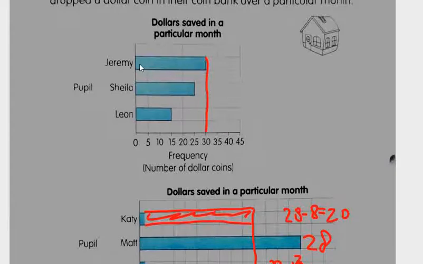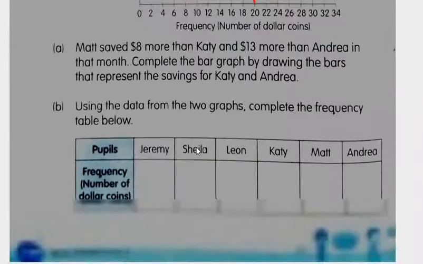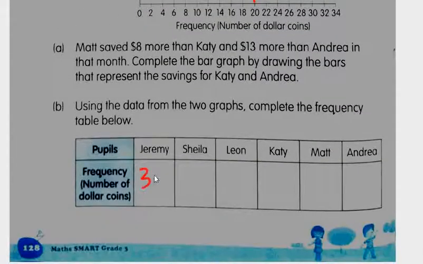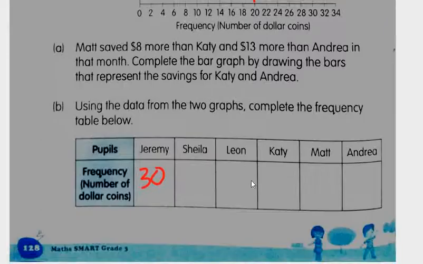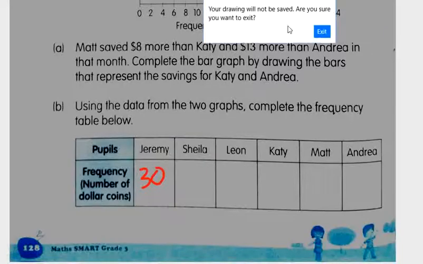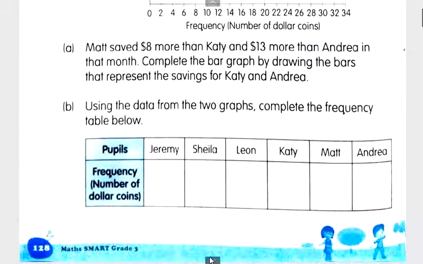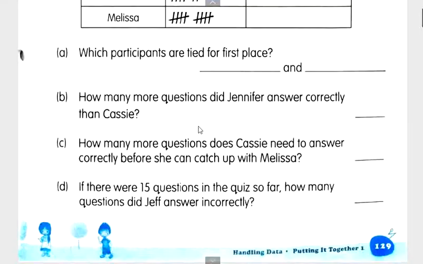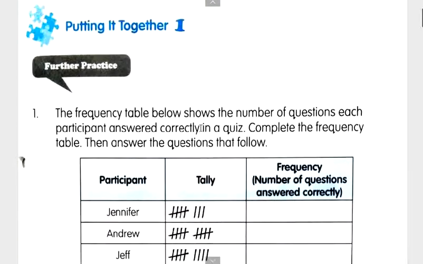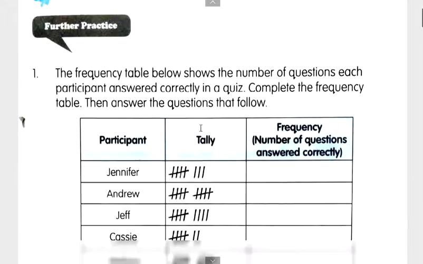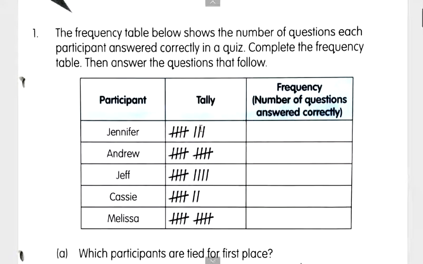So for example, Jeremy saved 30, right? So write down 30 here. Okay, do the same with the other pupils. Alright, so this is putting it together one. Okay, this is the frequency table.